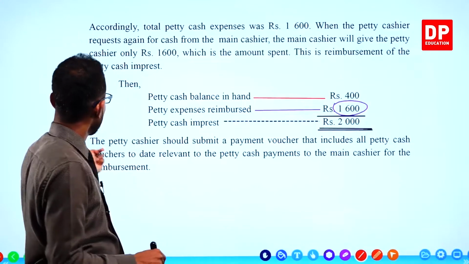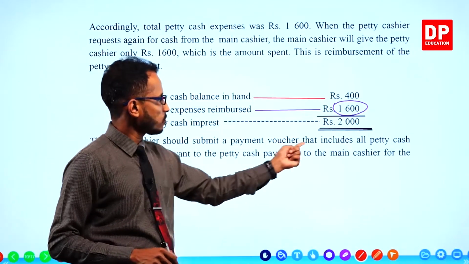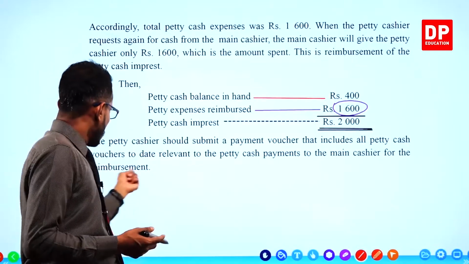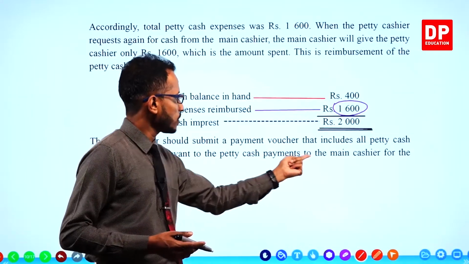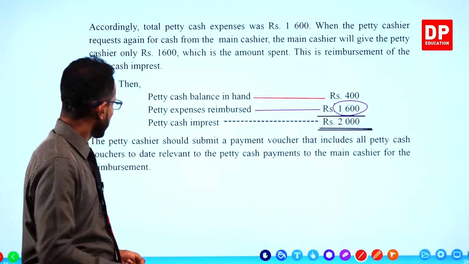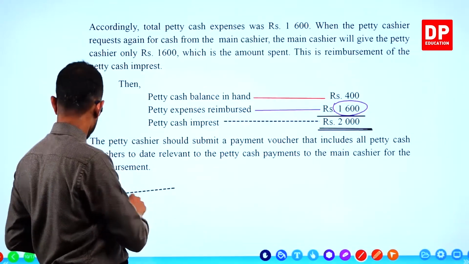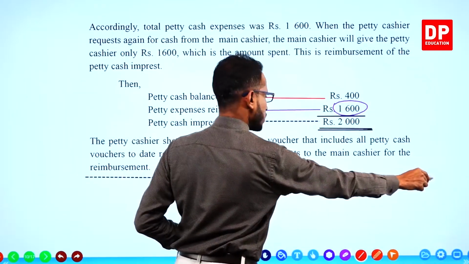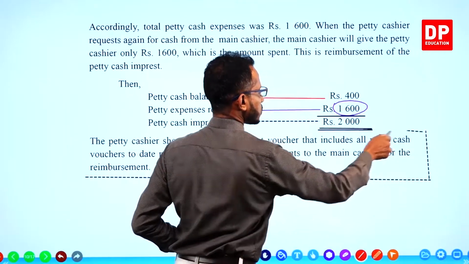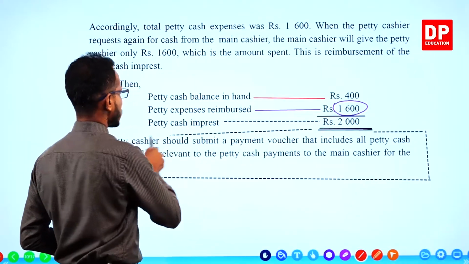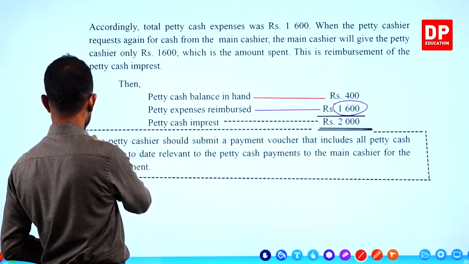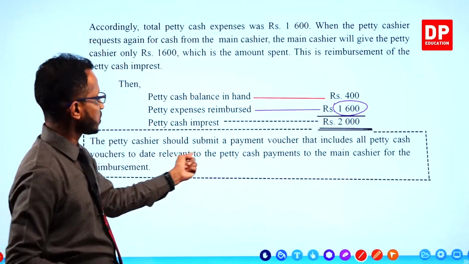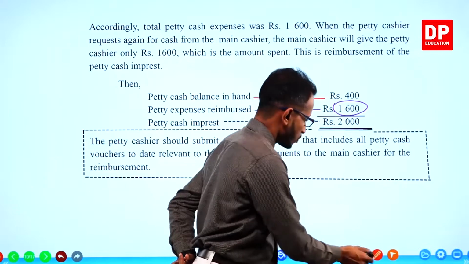Alright, the petty cashier should submit a payment voucher that includes all petty cash vouchers to the date relevant to the petty cash payments to the main cashier for the reimbursement. This is what I told you, children. This is the thing that we discussed in the previous slide.